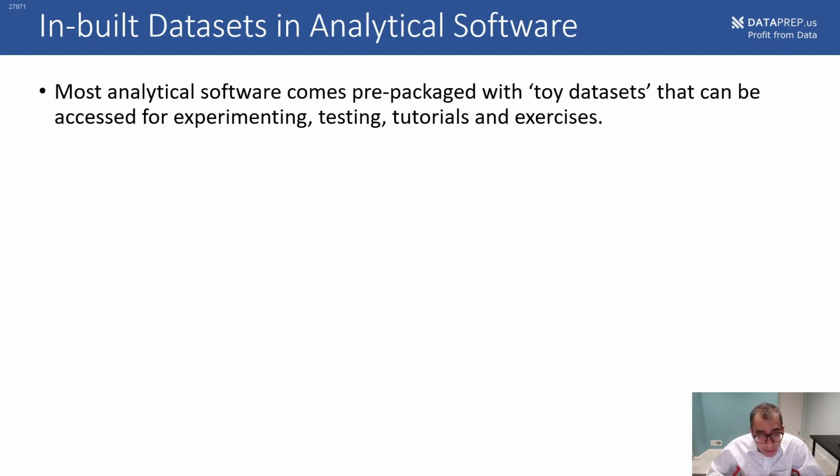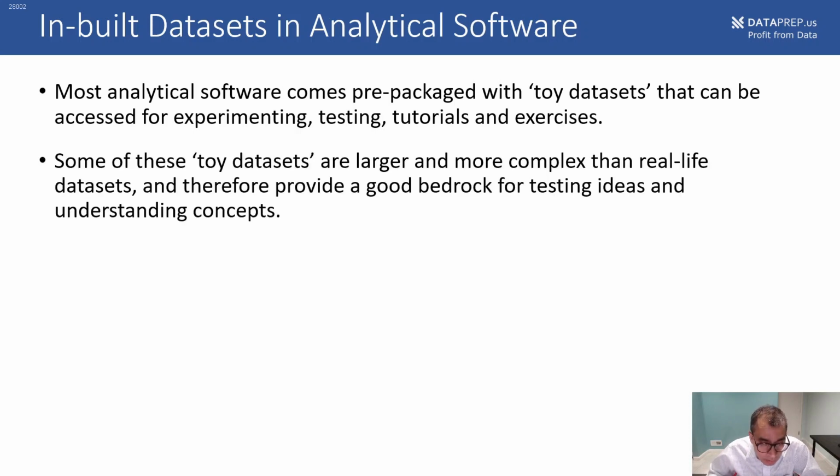Even though these are toy data sets, some of them are actually quite extensive and very large. Some of them are actually larger than real life data sets that you would run into. The diamonds data set that we have been making an example of is a toy data set, but it has data for 53,000 diamonds. That's not a very small data set.